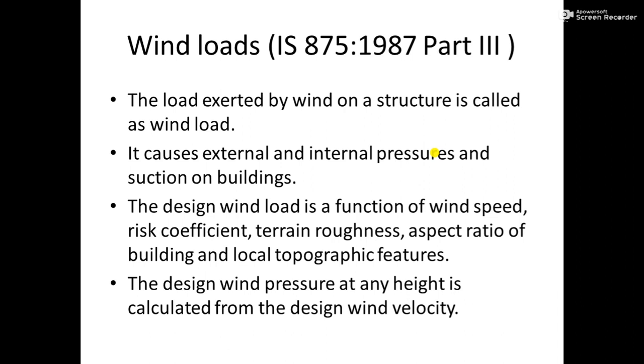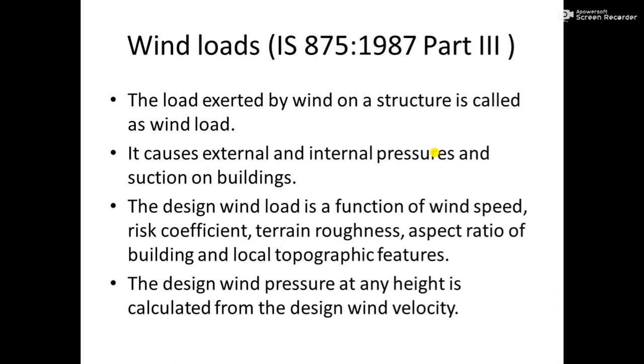The risk coefficient, terrain roughness, aspect ratio of the building, and local topographic features also matter. That is, wind load depends on the wind speed. Second is the risk factor, that is the risk coefficient, considered as K1.